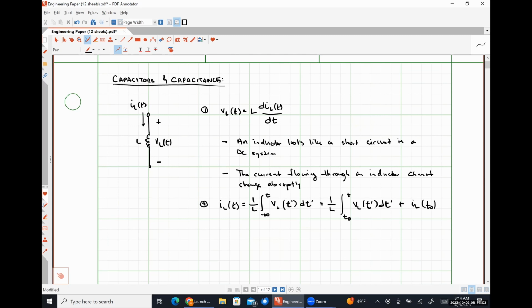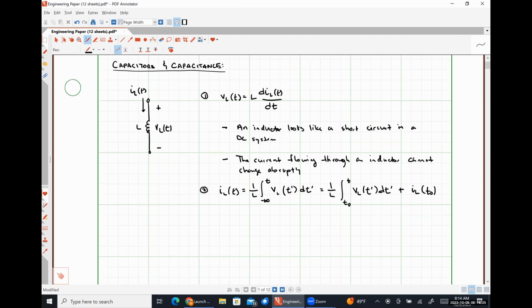So we can see from this second representation that the current flowing through an inductor depends on past values of the current. So in some sense, an inductor actually has a little bit of memory. That's how it works as an energy storage element.